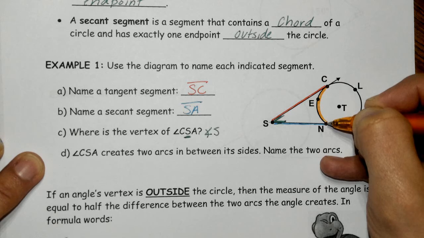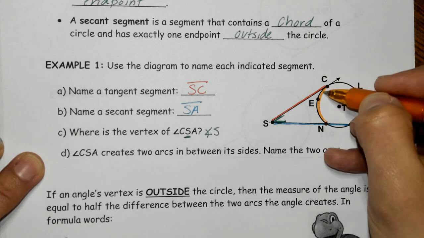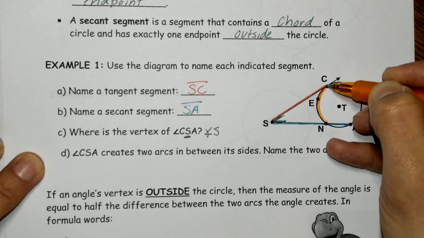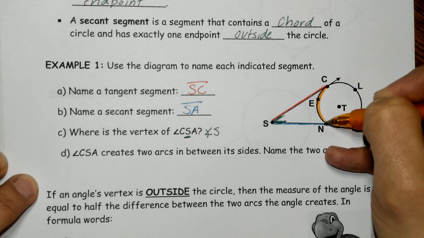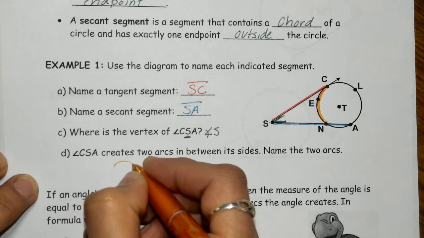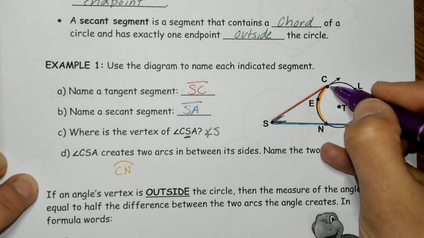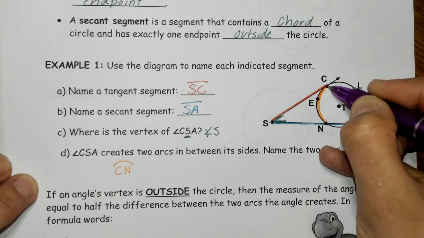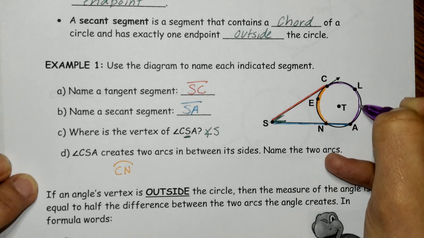We'll be looking at these, okay? In this case, because we have that tangent, I said major arc and minor arc, we'll be looking at different examples. We might have two minor arcs. But here we're going from point C to N. So we have arc CN. And then our last arc is going to start with the C, but this time, because we have that secant segment, we're going to end at A. Okay.